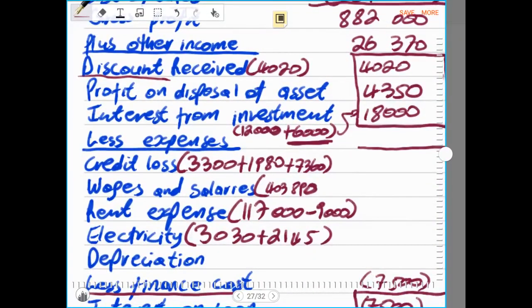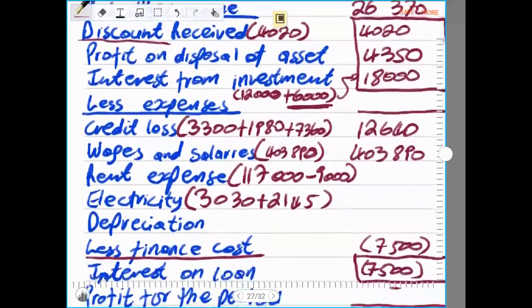Then we can totalize our credit losses, and our credit losses will amount to 12,640. And wages and salaries, there was no adjustment, 403,890.